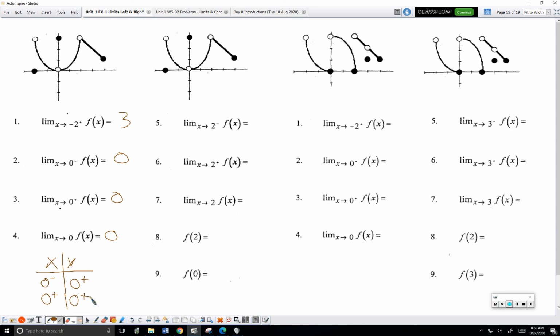So I'm not saying that when x is infinitesimally less than 0, y is exactly 0, but I am infinitesimally close to 0. So the answer to the limit will always just be no plus or minus. Is that what you mean? Yeah. Thank you. Anybody else? Cool. Keep going. Number 5.